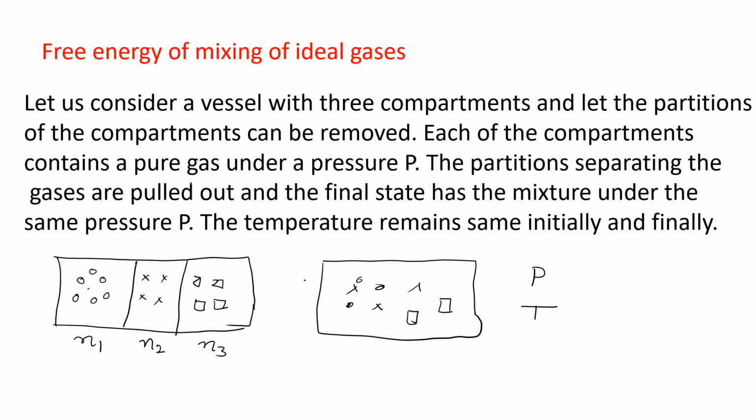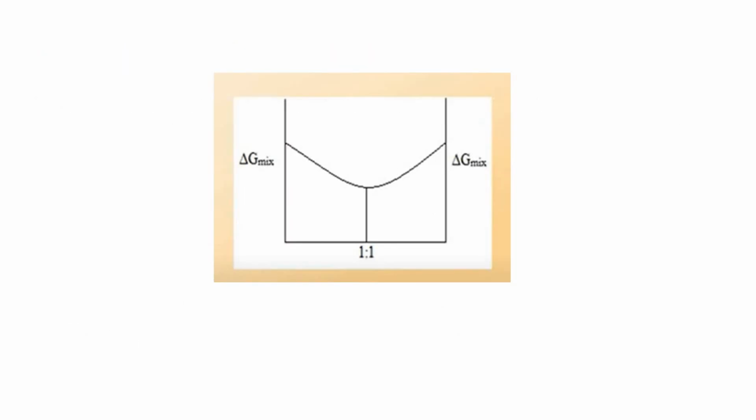So now we have to calculate this free energy of mixing. Okay, so this curve will come later. Now we'll start. See, delta G mixing, that will be equal to, we know, free energy in the final state minus free energy in the initial state. Right?